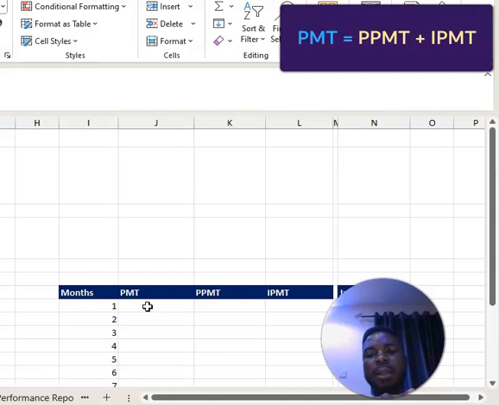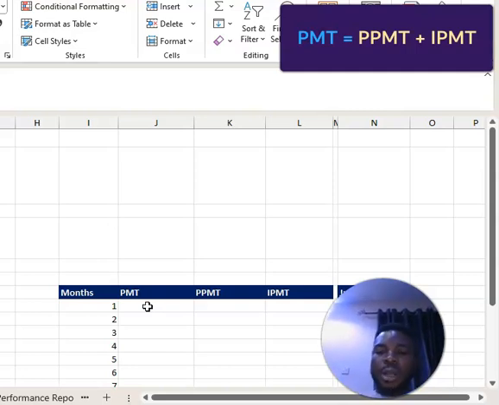The PMT, which is your payment, is the summation of the principal payment, which is PPMT, and the interest that the bank has placed on it. We call it interest payment, which is IPMT.